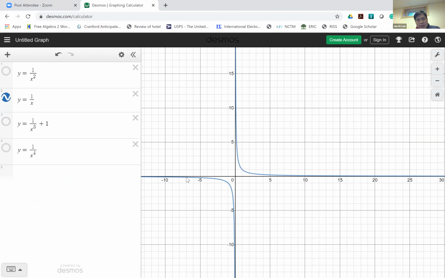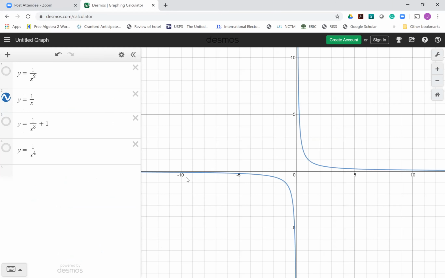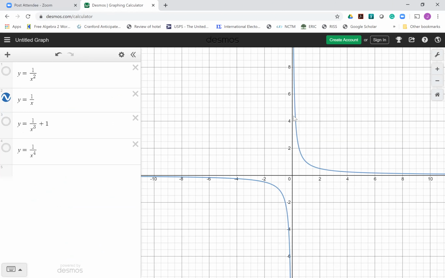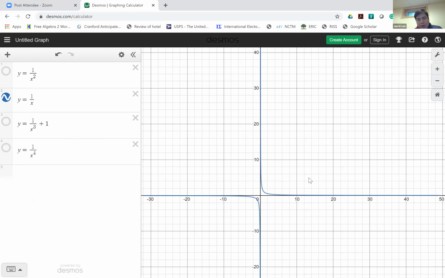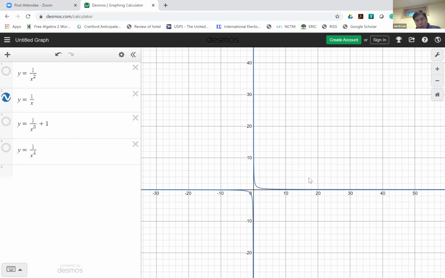So at the beginning, when we look at this graph here, we only focused on talking about the vertical asymptote, but now we also have the horizontal asymptote, which is y equals 0 in this case. So as you see, if I zoom out more and more, it never crosses the y equals 0 line either. So x equals 0 becomes the vertical asymptote, y equals 0 becomes the horizontal asymptote.